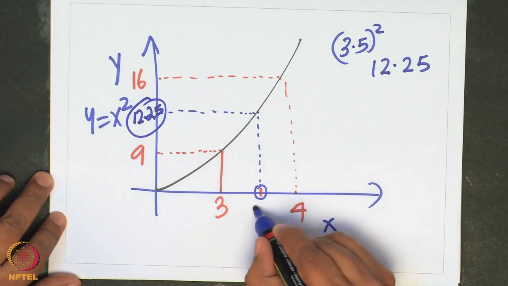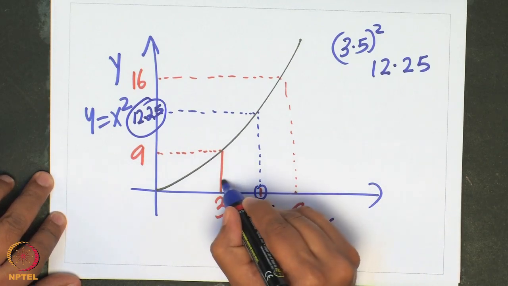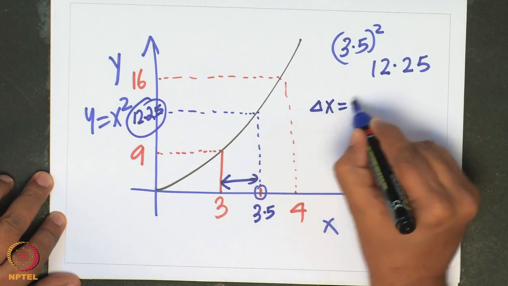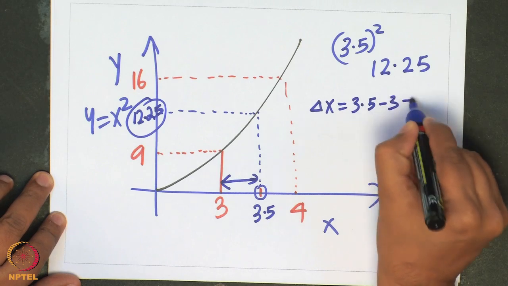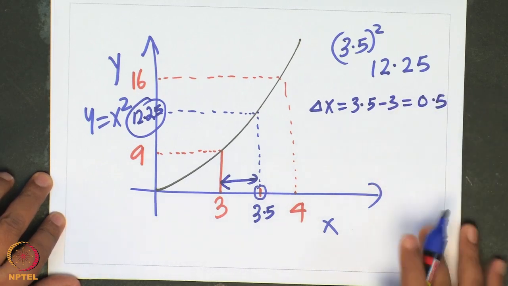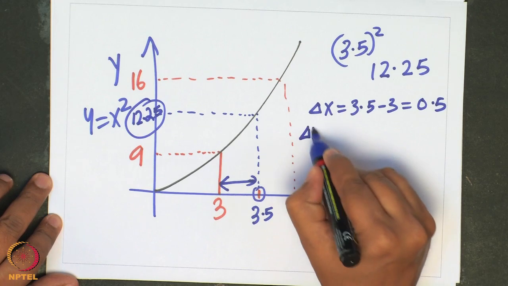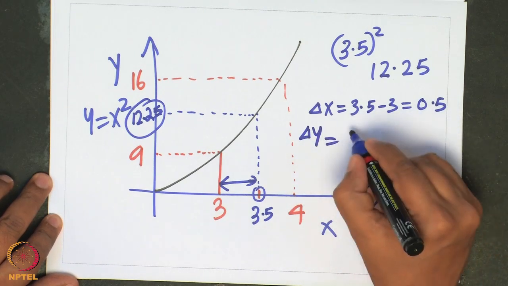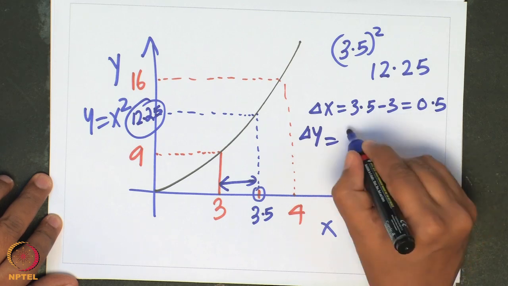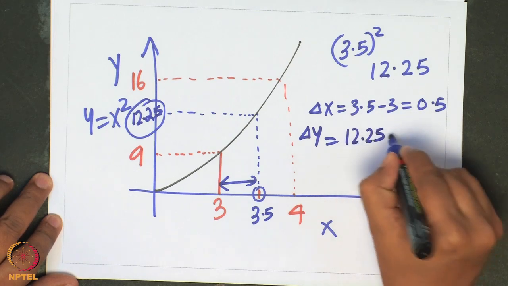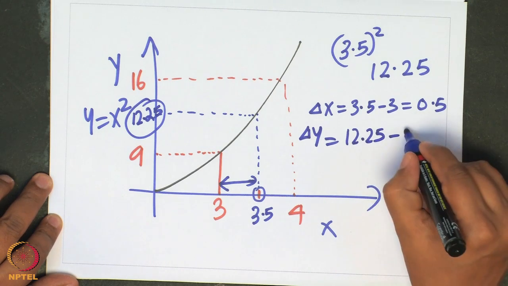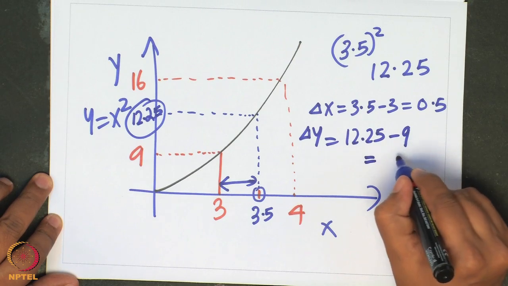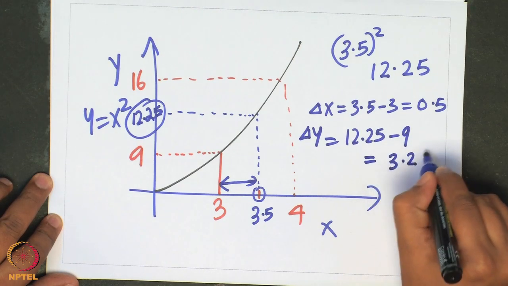So this is 3.5. If I take this as my delta x, it is 3.5 minus 3, which is 0.5. Delta y will be 3.5 square minus 3 square, which is 12.25 minus 9, and this is equal to 3.25.